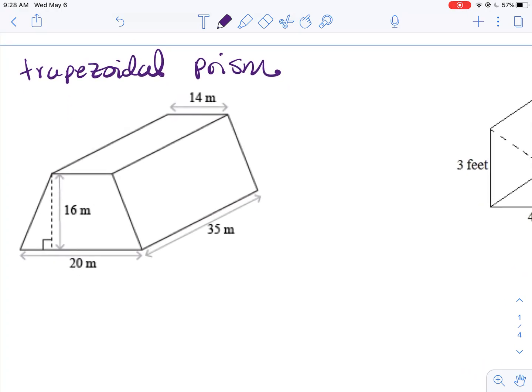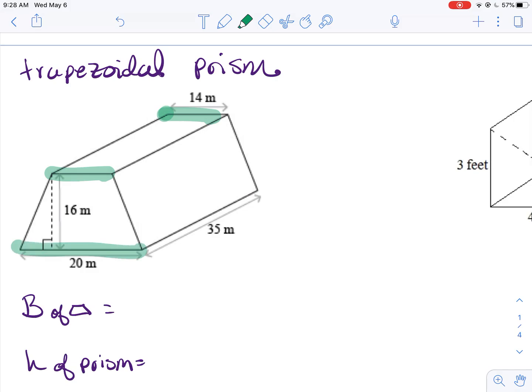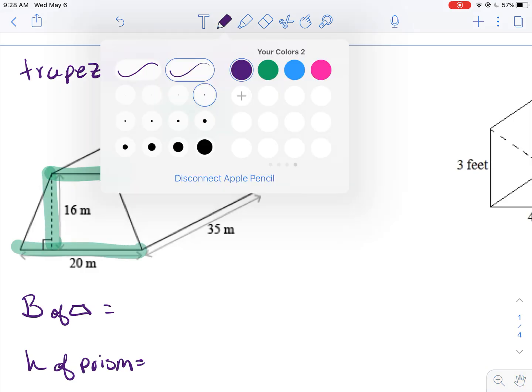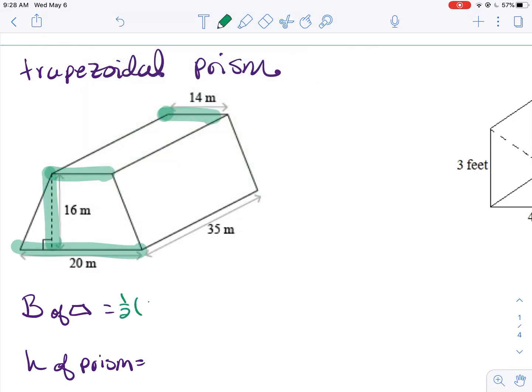So, trapezoidal prism. I need a big B of the trapezoid, so this is area of the base, and I need a height of the prism. For the area of the base, I need base 1 plus base 2 times the height divided by 2. So this is 1/2 times 14 plus 20 times 16. Plug all that into my calculator.